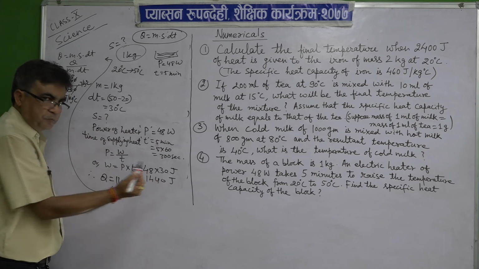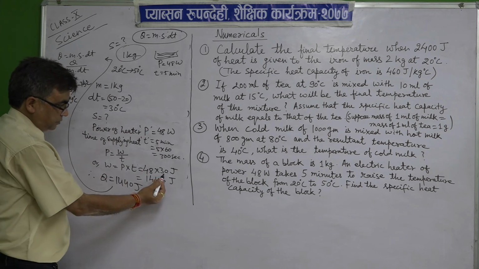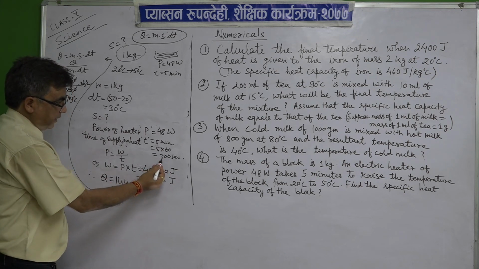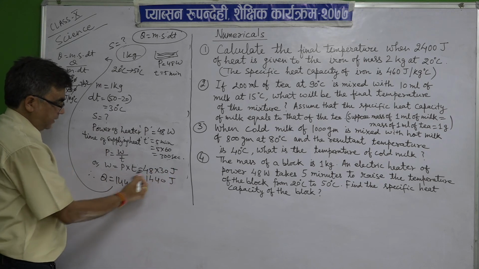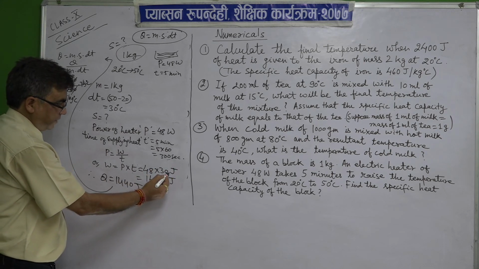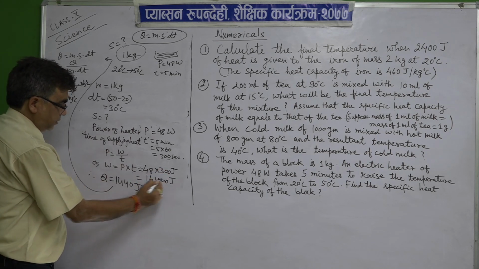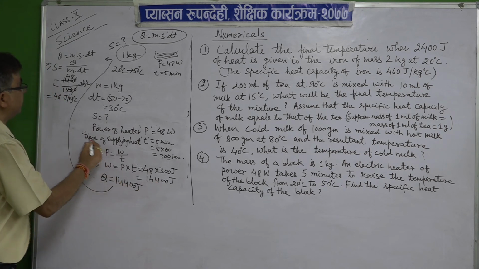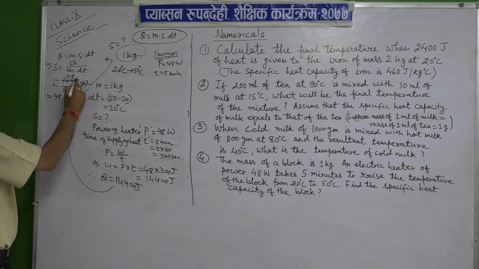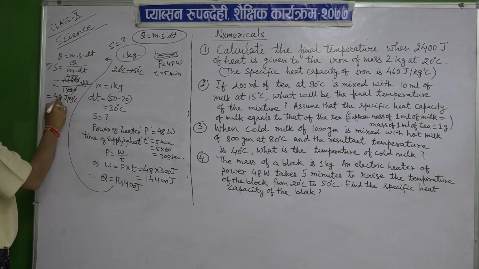Please try to make it clear. This is 300, time is 300. I have written 30. That's why the answer has come wrong. This is 300. So a 0 will be added, so here also a 0 will be added. So this is your 480. So 480, yes, this is the answer.